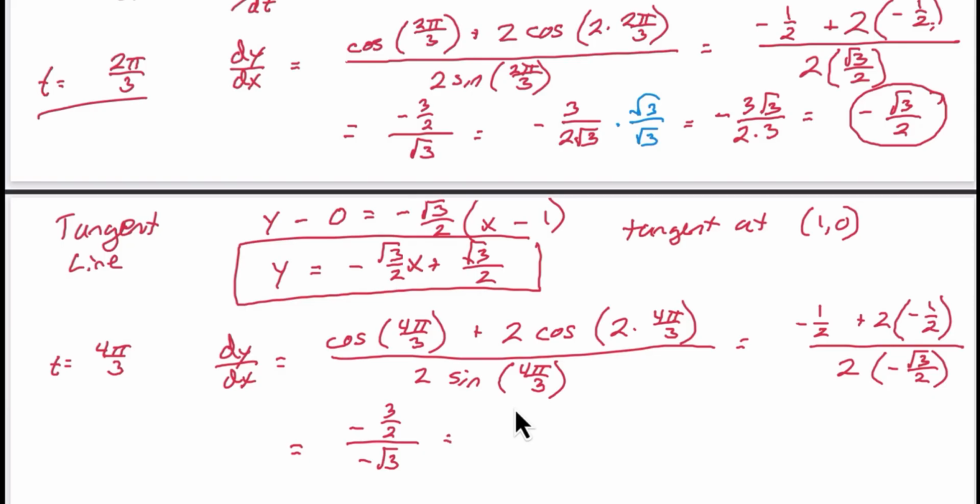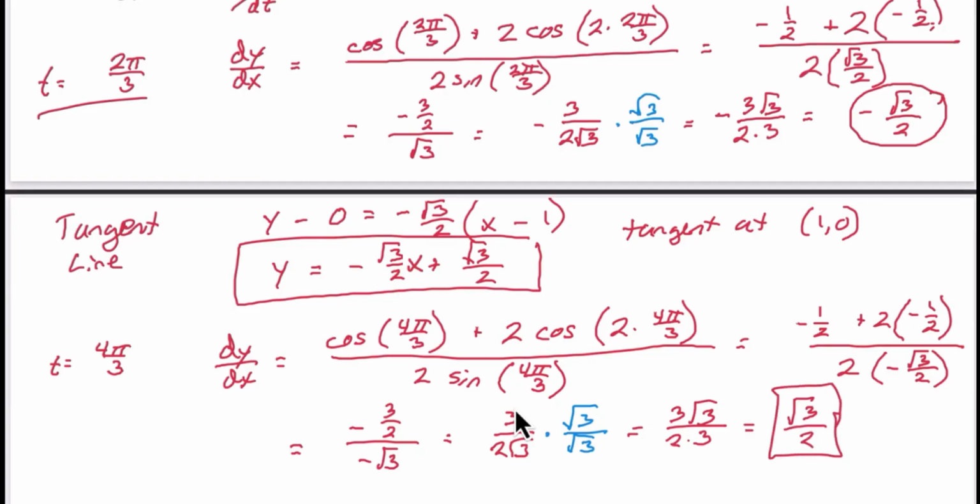That is 3 divided by 2 root 3. Let's again rationalize that denominator just to make it look a little prettier. We get 3 root 3 over 2 times 3. The 3's reduce, leaving us with positive root 3 over 2. Again, this is the slope of the tangent line.